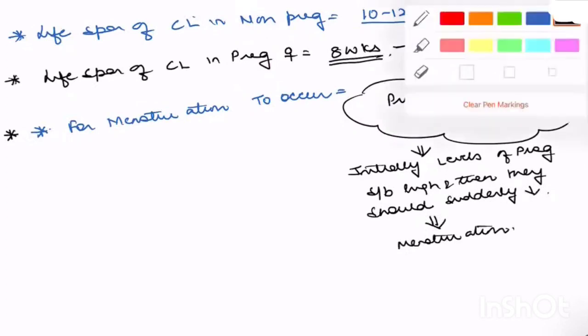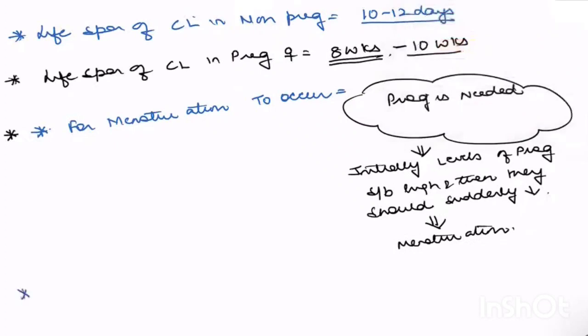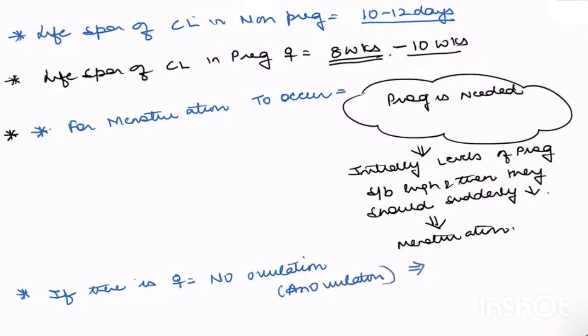Right? Next important point: if there is a female in which there is no ovulation, no ovulation means anovulation, in such females there will be decreased progesterone or no progesterone.